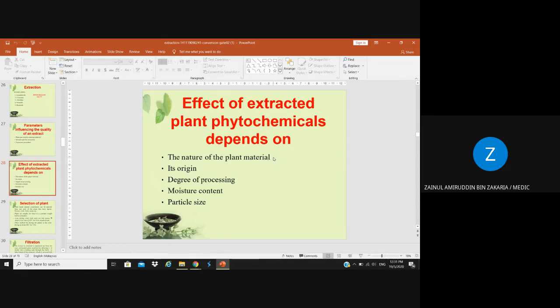So sometimes some plants tend to produce compounds with high anti-diabetic effect during one season, not the other season. So if you collect it during the season that it is not producing a high amount of compound A, for example, that produces high anti-diabetic effect, you will not get an extract that is effective.